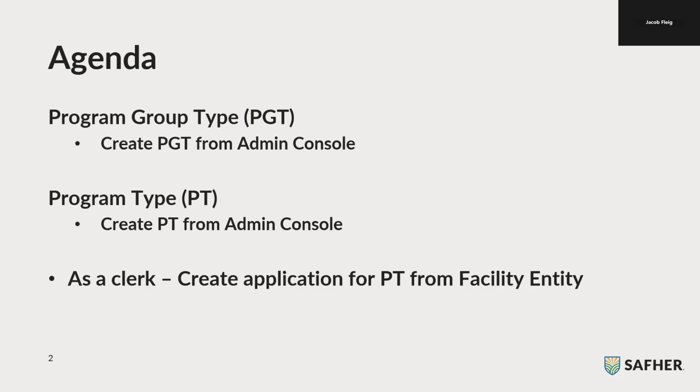And then the last thing that we're going to do is take what we've built with the program group type and the program type, and as an internal user, as a clerk, we're going to go ahead and create and process an application for that license or program type from a facility entity or a business.